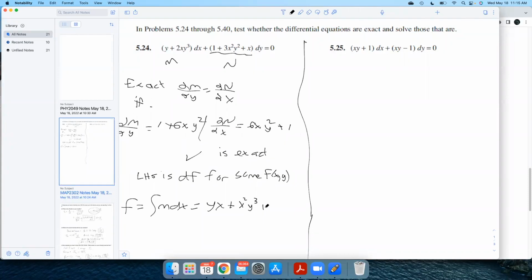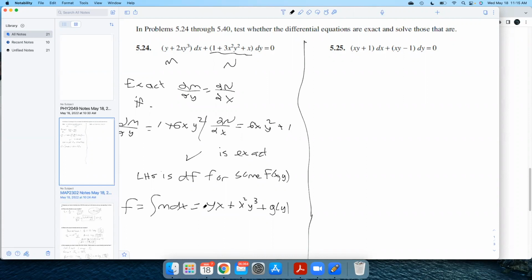Plus, here's the important part, plus potentially, maybe f had some extra y's in it, and when I took the partials with respect to x, those y's disappeared. So there could potentially be some extra function of y that didn't pop up from this. I typically use g here. Doesn't matter, I could call this whatever I want.